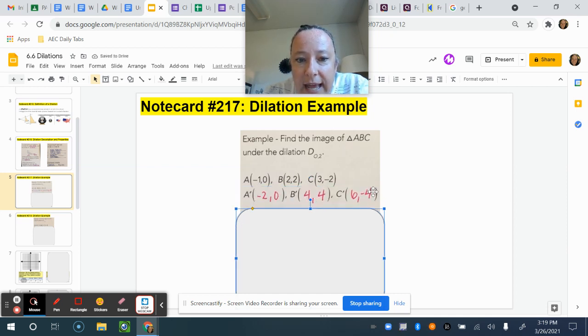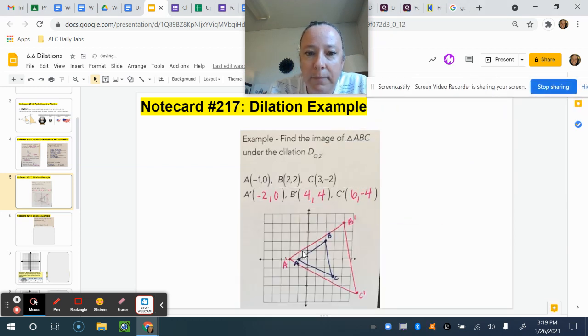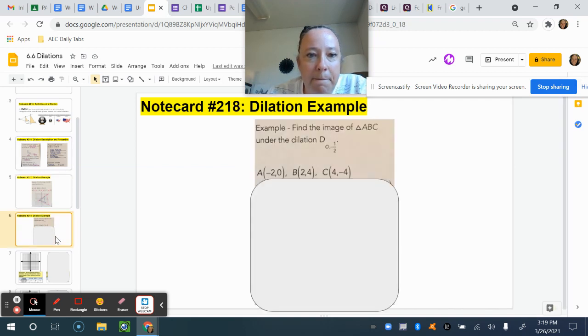So that's what we did. A prime, B prime, and C prime. And then if you graph the original, the pre-image and the image, you'll see that it's double the size. It's the same orientation, it's the same shape, but its size is doubled. So pause me and finish up note card 217.